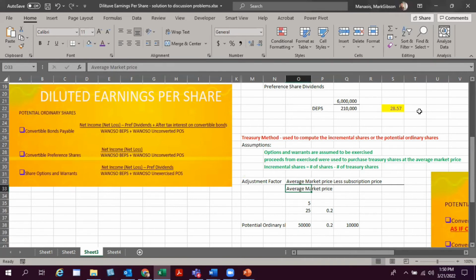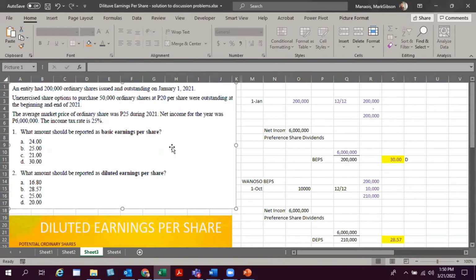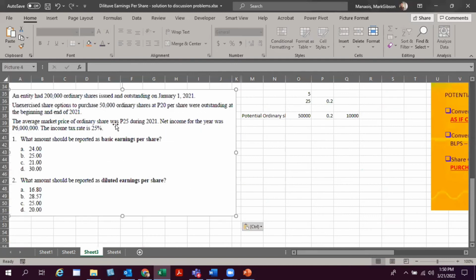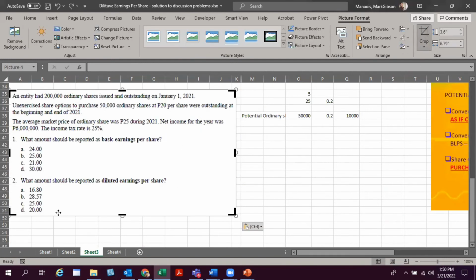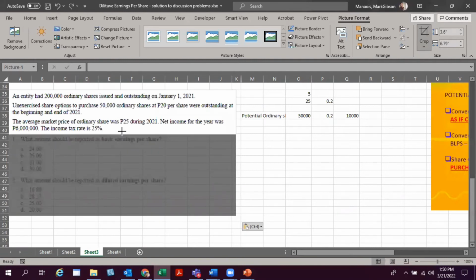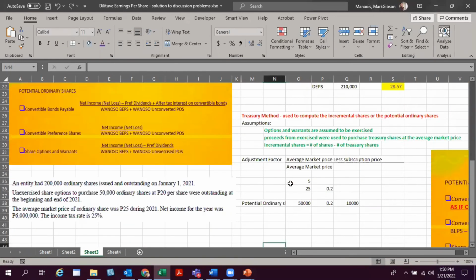So to apply this to the problem: how much is the average market price? It's 25. How much is the subscription price? It's 20. So 25 minus 20 over the market price of 25. The adjustment factor would be 0.2.